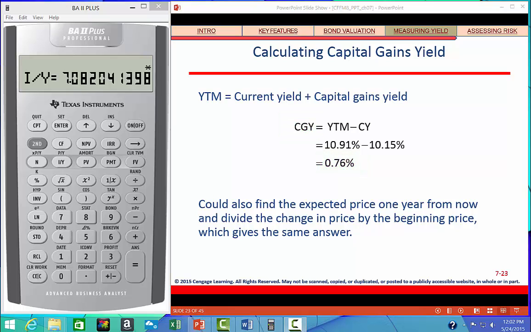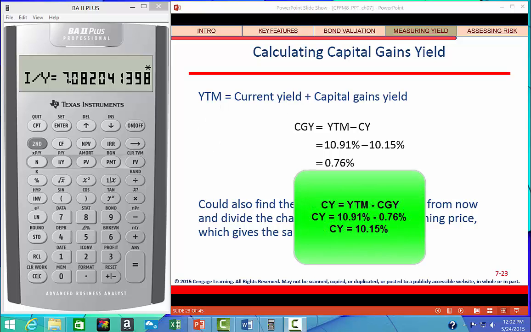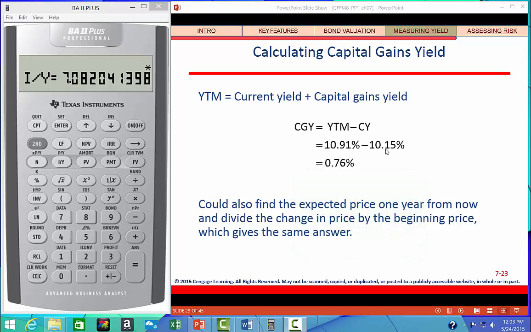So this was the example that we had before when we computed 10.91%. This was the yield to maturity for the discount bond. And likewise, if we had the yield to maturity and the capital gains yield of 0.76, we could say 10.91 minus 0.76 is equal to the current yield. So as long as you have two out of the three, you could solve for the third one.